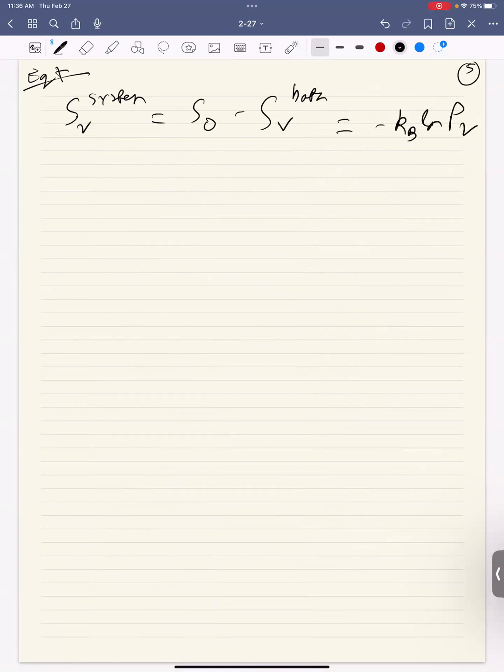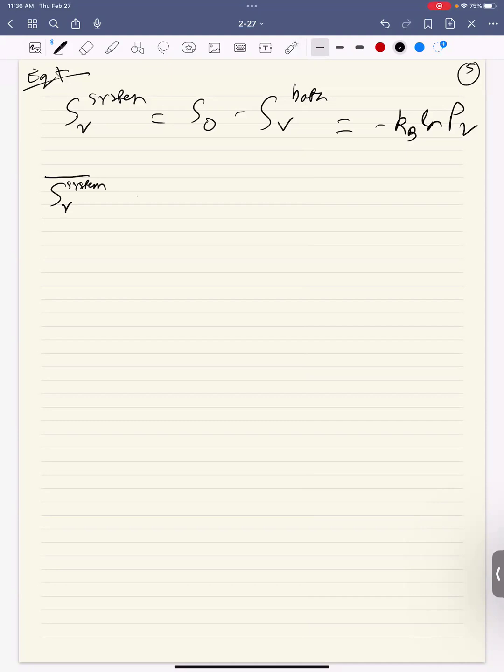So page number 5, equation 7 says that S nu system, which is the same as S naught minus S nu bath, is equal to minus KB ln P nu, right? But this is the entropy when the system is in a given microstate. What I want to do now is to calculate the average of this entropy, averaging over all microstates, just like we calculated average of n, average of E, and things like that.